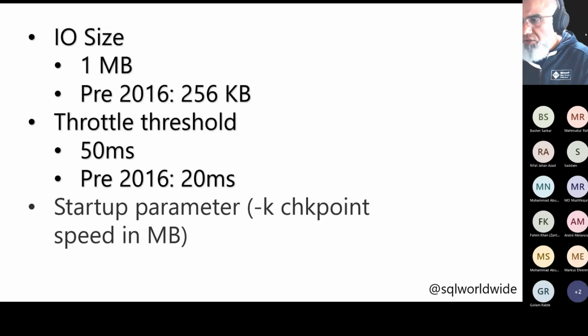Just be sure to know why you are using it, right? This basically limits the number of IO requests per second, so just read about this if you really want to use it.